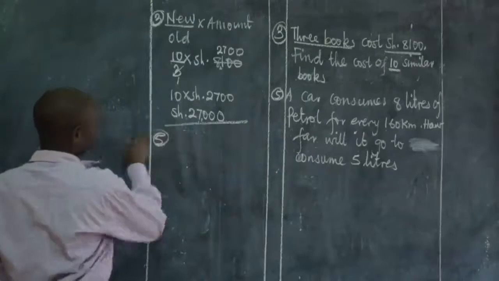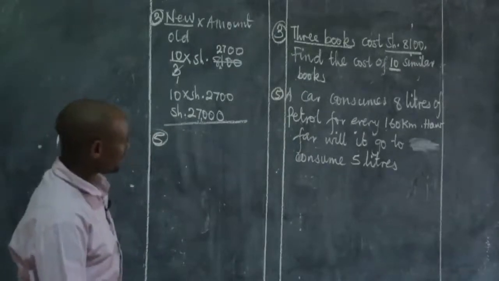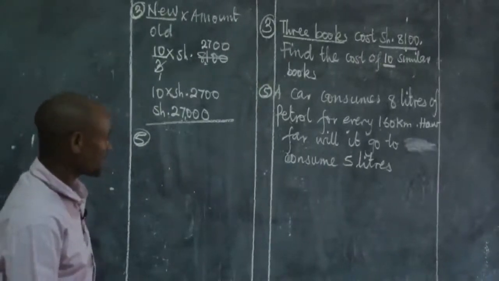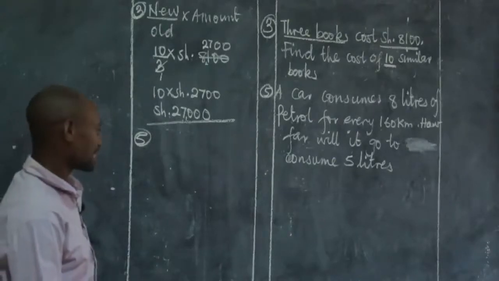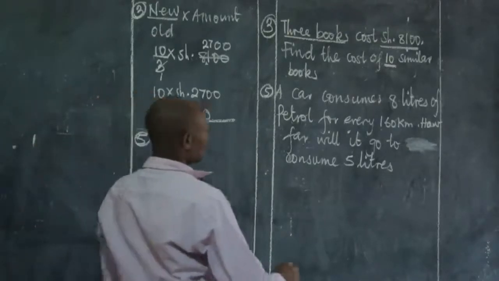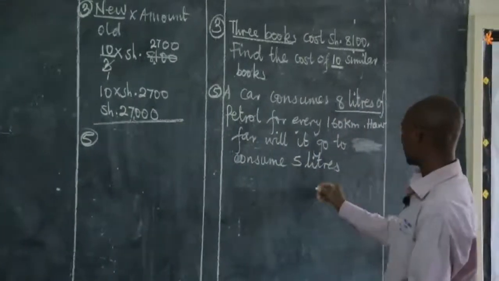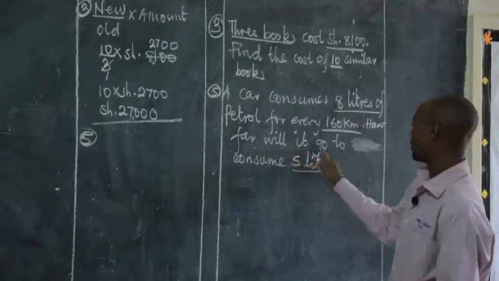Number 5 says, a car consumes 8 liters of petrol for every 160 kilometers. How far will it go to consume 5 liters? So, what has been given twice? I can see liters. Do we have liters somewhere else? Yes. So it means we are looking for the distance. How far?